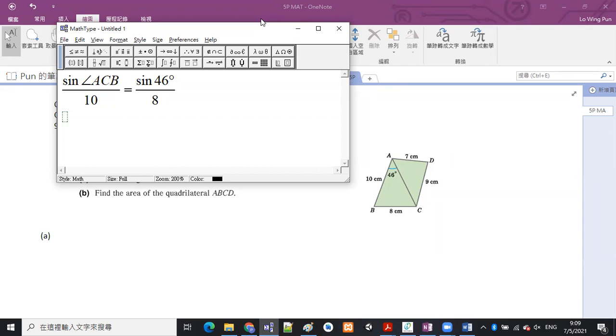When you write the expression like this, you may just multiply the 10 to the right hand side. It's equal to sine 46 degrees over 8 times 10. That's right. Then the right hand side is sine 46 times 10 divided by 8, which is 0.899 something. And then you just shift sine answer.